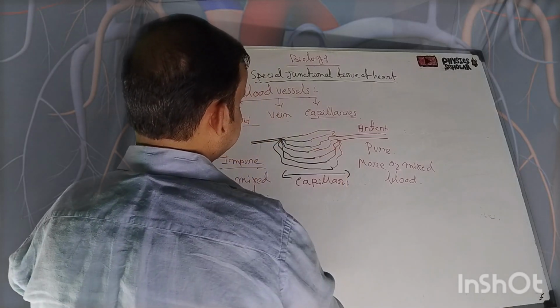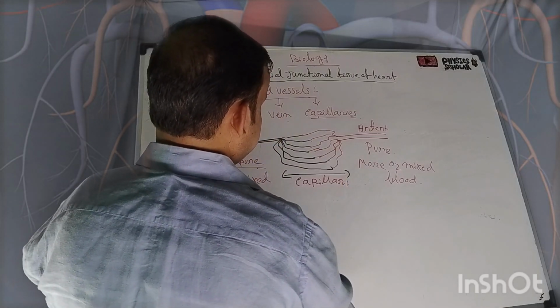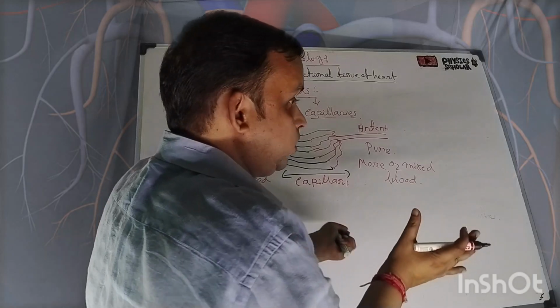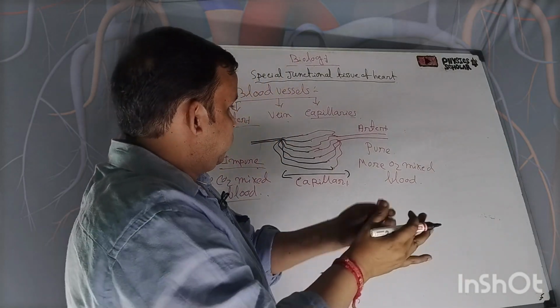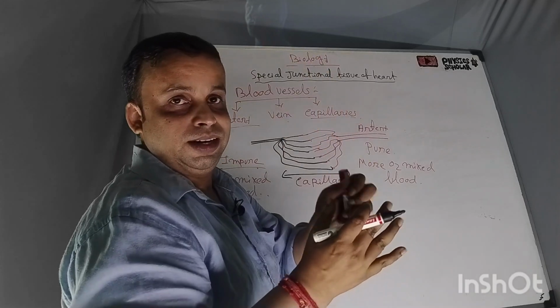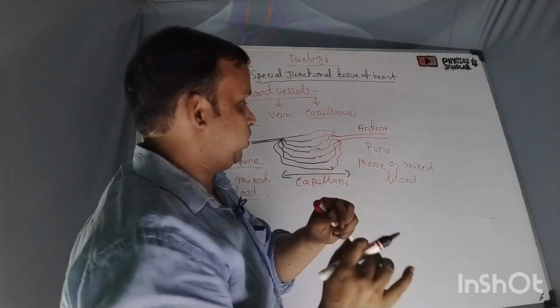What is happening now? So here it is what spread on the tissues of our body. Clear? Okay, these capillaries branch in the tissues of our body. So what will happen?